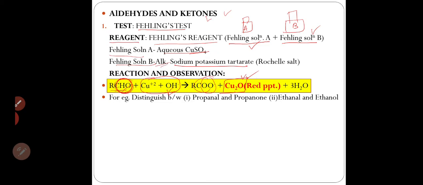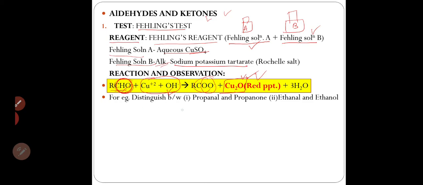Since an alkaline base is there, the acid you'll get is a salt. You'll write RCOO-. Again in Fehling's reagent test, R-CHO, as it is basic, CHO will convert to COO-. You have to remember that. And yes, this you must write: Cu2O red precipitate.